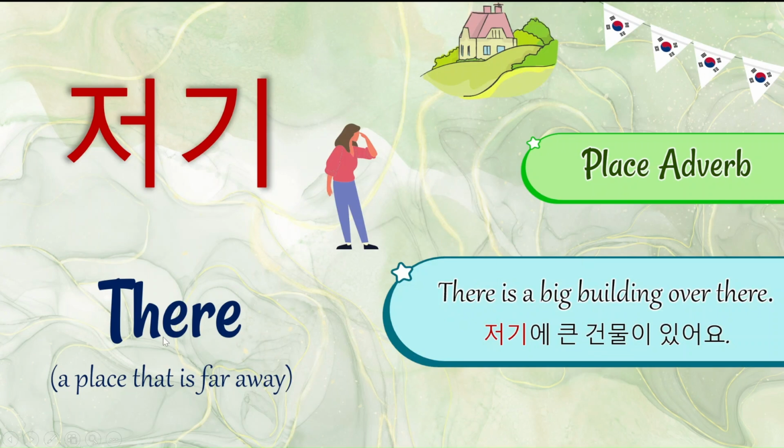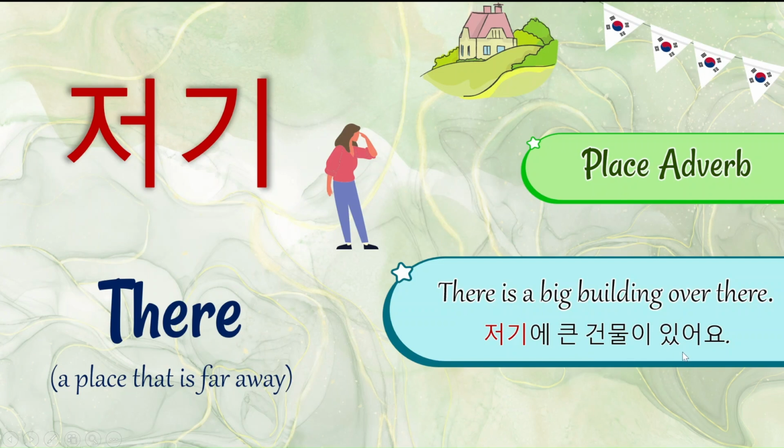This person is looking somewhere far on a hilltop or some valley, and she's saying, there is a big building over there. So she's talking about a building at a far away location, so for that, you have to use 저기.